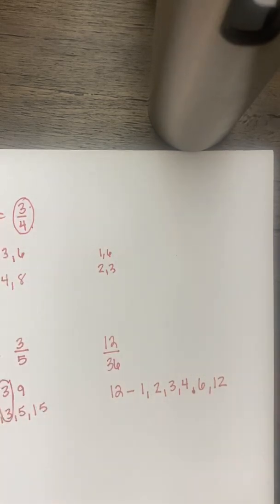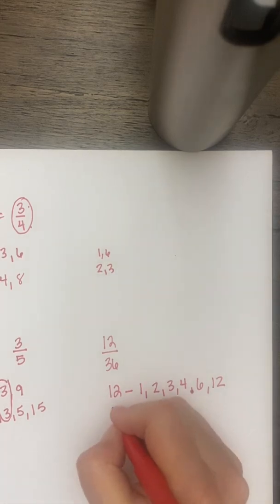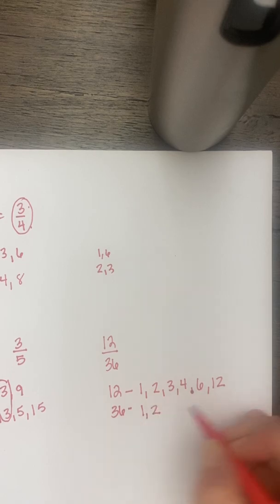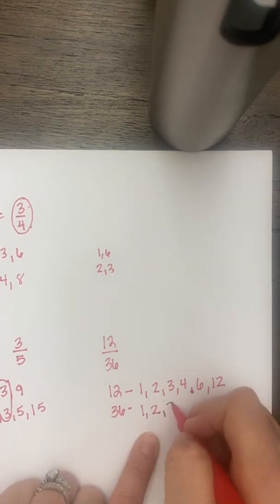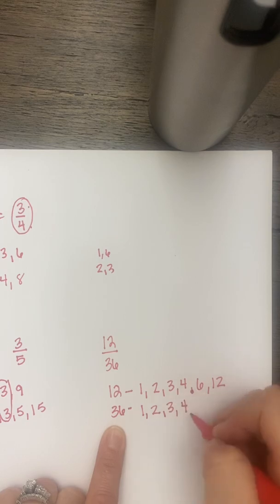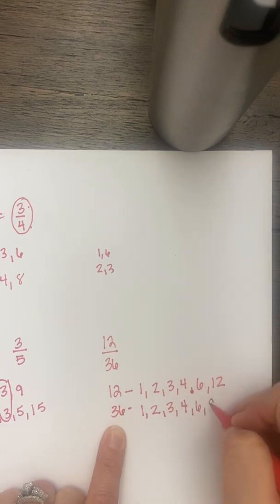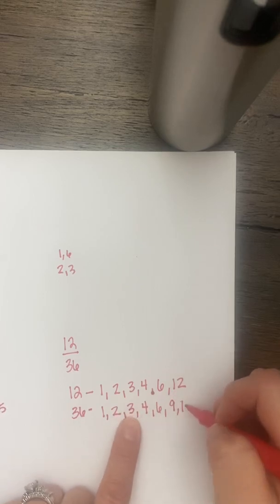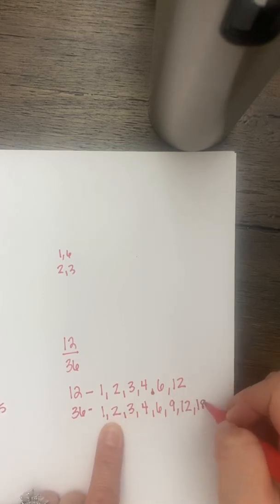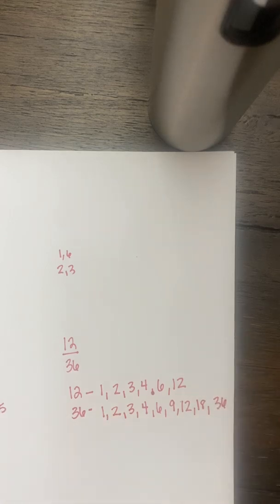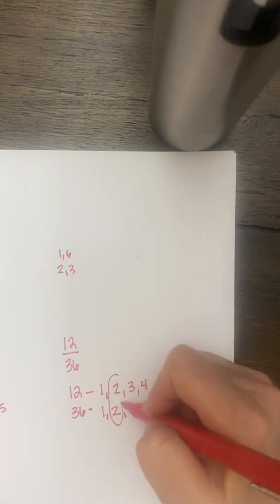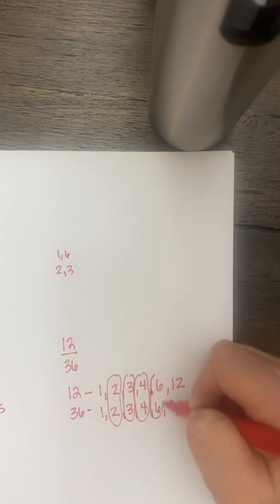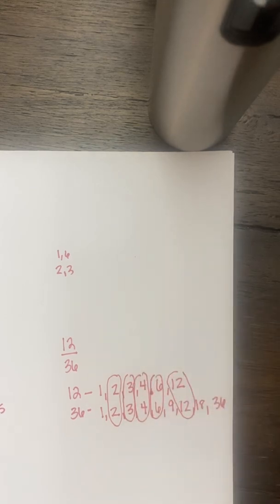There we go: 1, 2, 3, 4, 6, and 12. 36 can be divided by 1, 2, 3, 4, 6, 9, 12, 18, and 36. These have a lot of common factors: 2, 3, 4, 6, and 12.